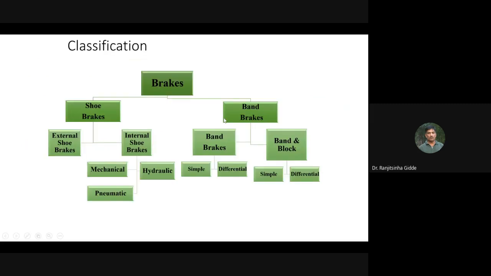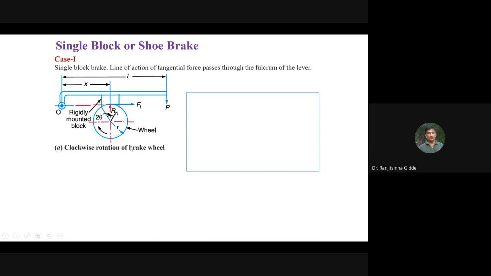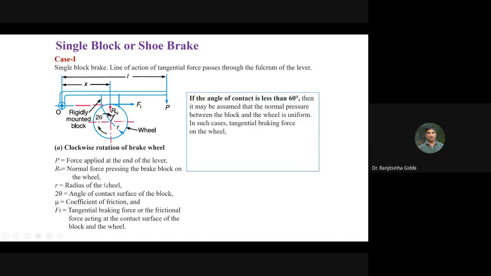Then this is the classification: shoe brake and band brake. This is the expanded classification that we have seen. Now we have seen this single block or shoe brake. Yesterday we discussed its first case and various parameters.